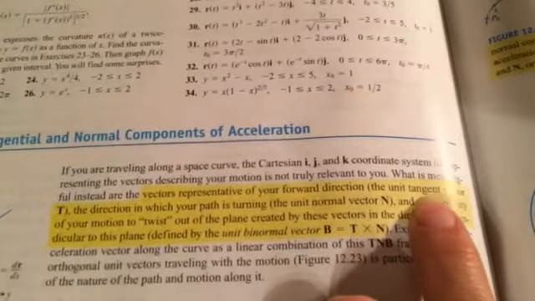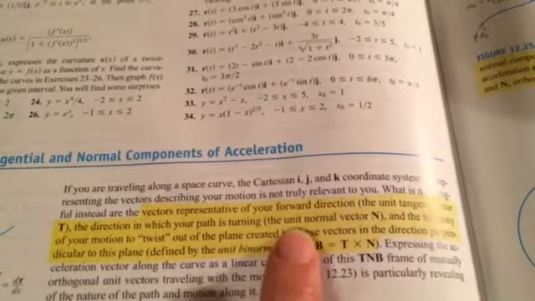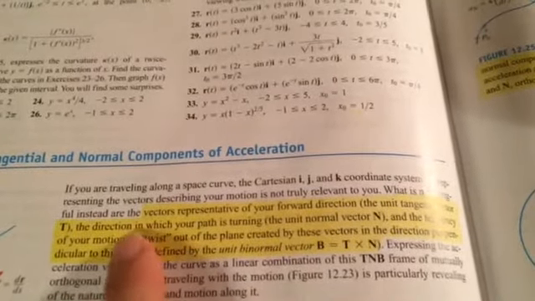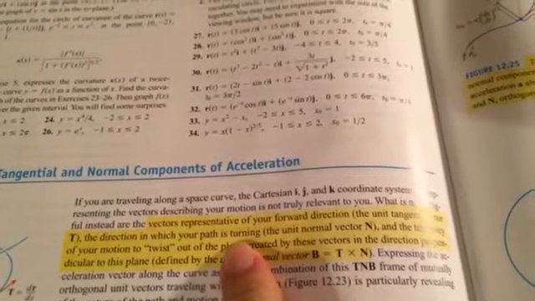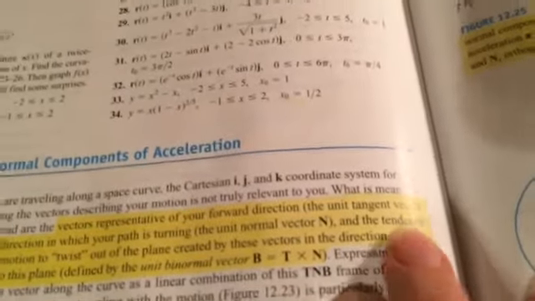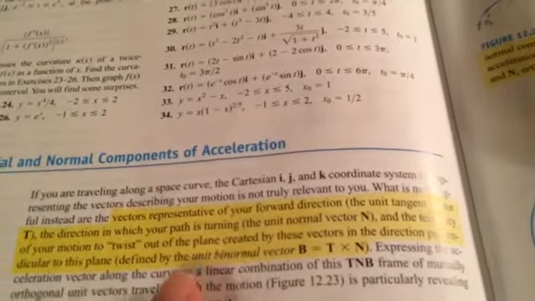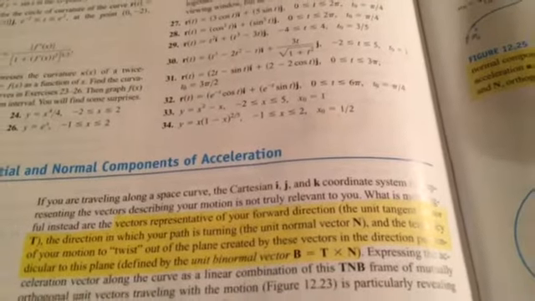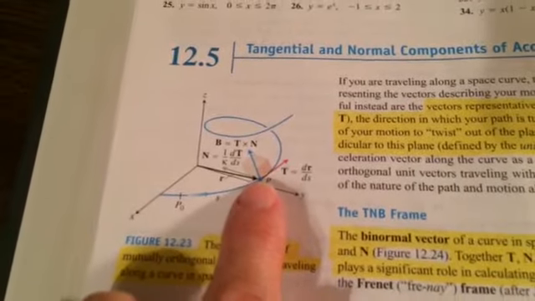So flipping back over here, we know what a tangent vector is. Tangent vectors are vectors that are tangent to the curve, obviously. But the unit normal vector, here it says, gives you the direction in which your path is turning. So it's kind of showing you how you're turning. And then, I don't know if you can see this with that glare, but the tendency of your motion to twist out of the plane is given by this binormal vector. So these are like for movements. So what they create are these little frames. I don't know if you can see them very well.